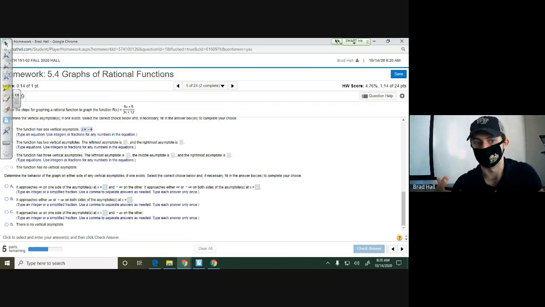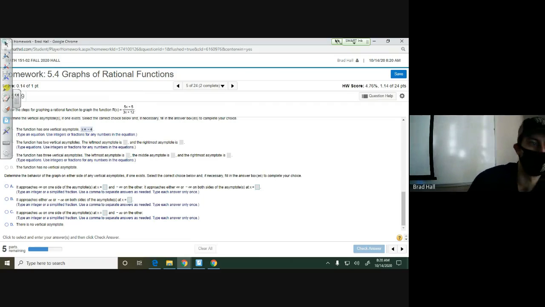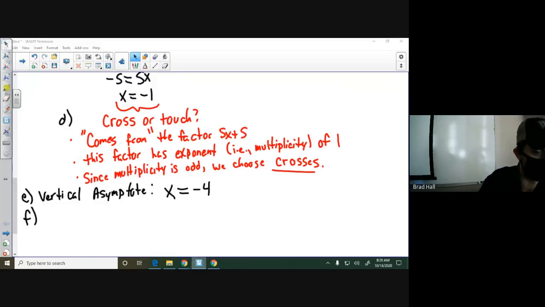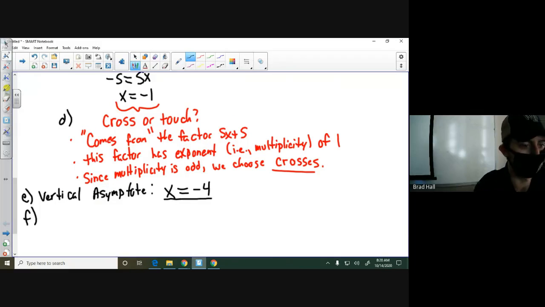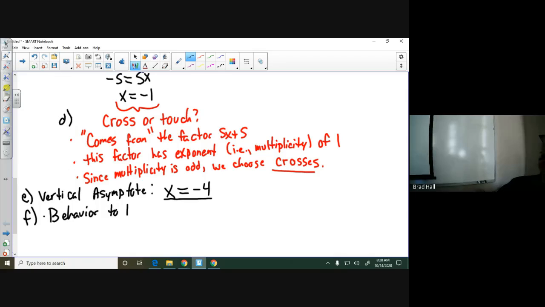So that's the four potential options. We have the asymptote written up here, so we'll start off with the behavior to the left of x is equal to -4.